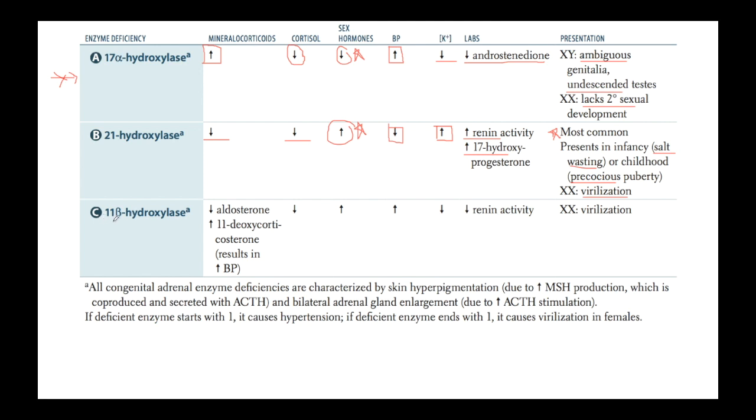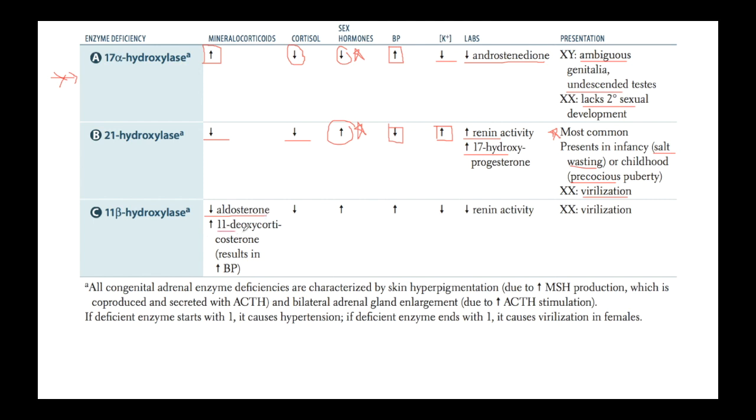And last, we have our 11-beta hydroxylase, which was another horizontal cut that was one level below 21. And this one also has a decrease in mineralocorticoids, but specifically in aldosterone.